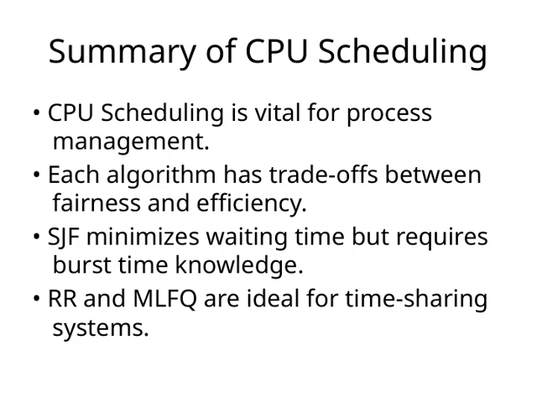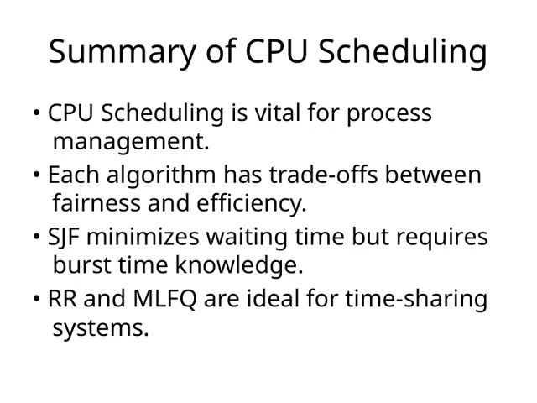As we've seen, CPU scheduling is absolutely vital for effective process management. It helps ensure that processes are given access to the CPU in a way that keeps everything running smoothly. Each scheduling algorithm has its own set of trade-offs, especially when it comes to fairness versus efficiency.